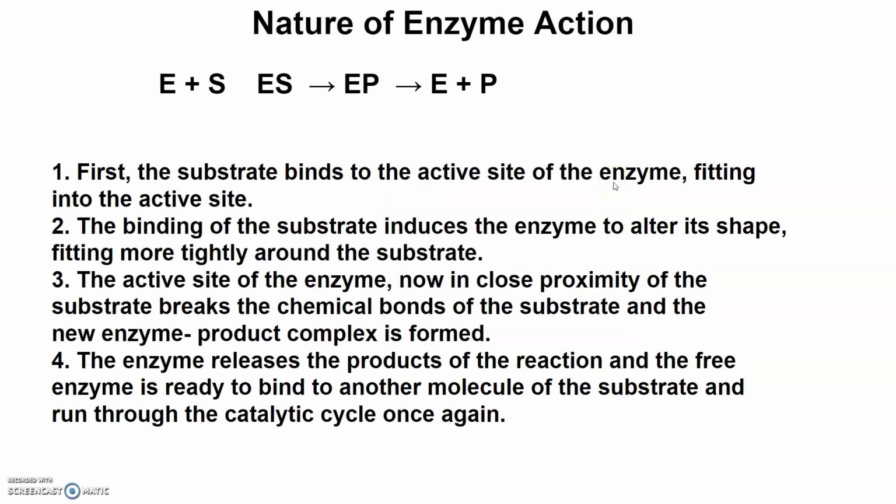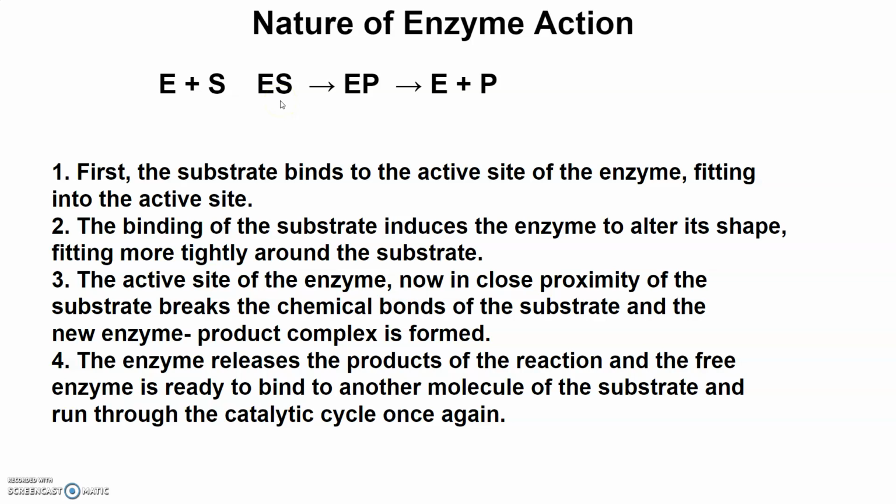Nature of enzyme action. Each enzyme has a substrate binding site on its molecule so that it can become an enzyme-substrate complex and change into product. The substrate has to bind to the active site of the enzyme, fitting into the active site. Binding of the substrate induces the enzyme to change its shape, and it tightly binds to the substrate.